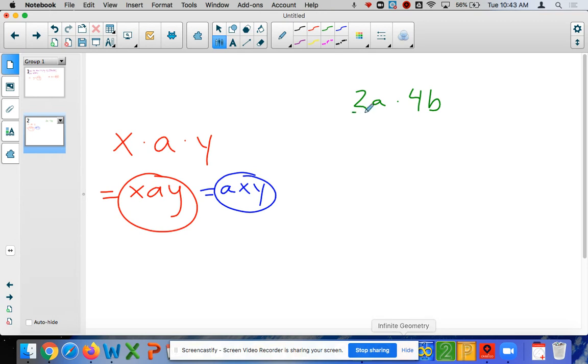So we take this 2 times 4, and we get an 8. And then we multiply the variables together, a times b. And I just say ab. Again, they're just variables, so we just write them like that. So 8ab would be my answer there.